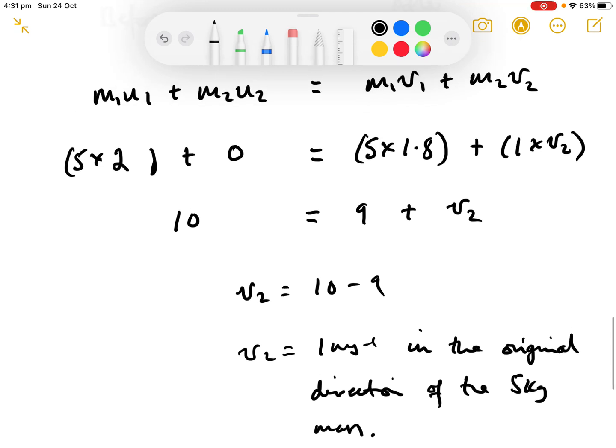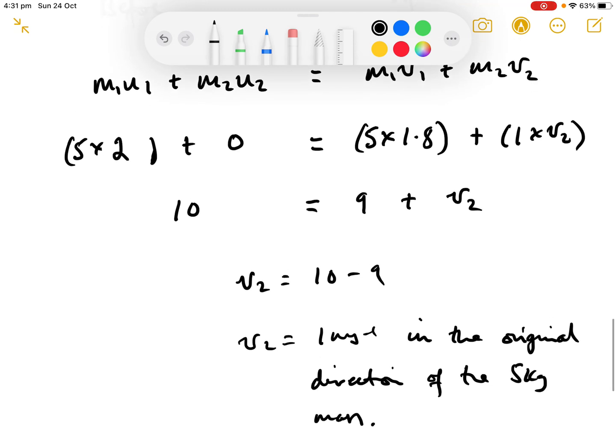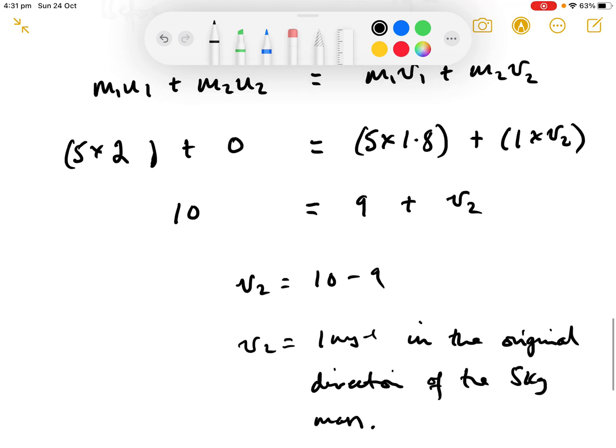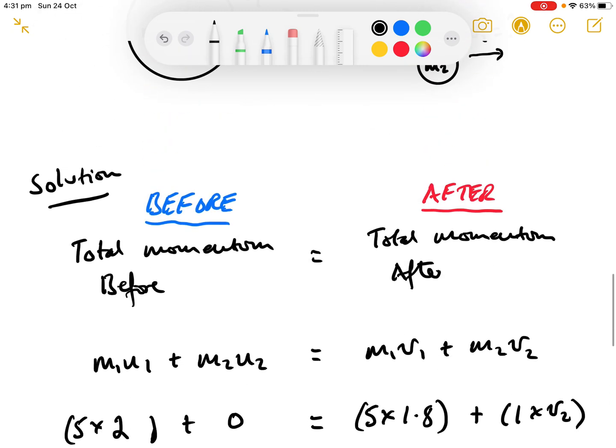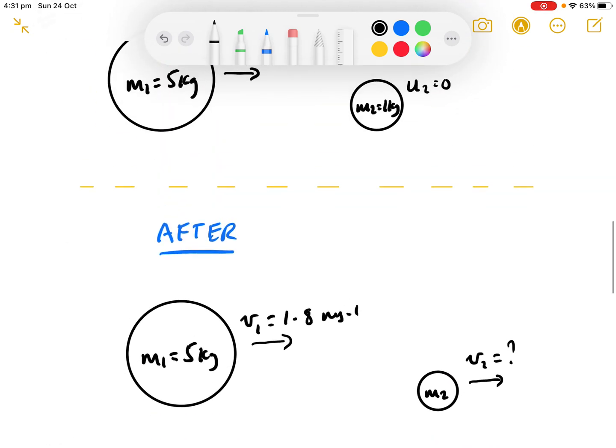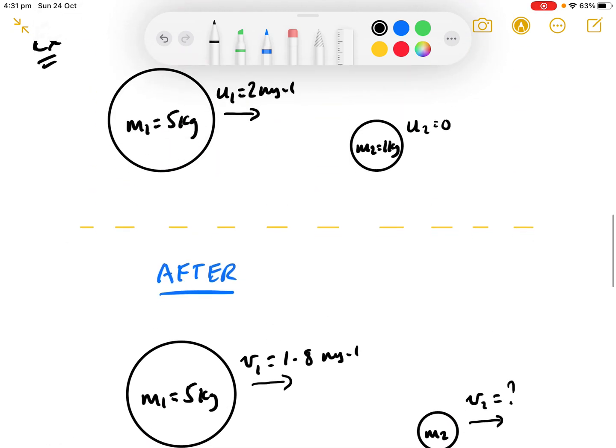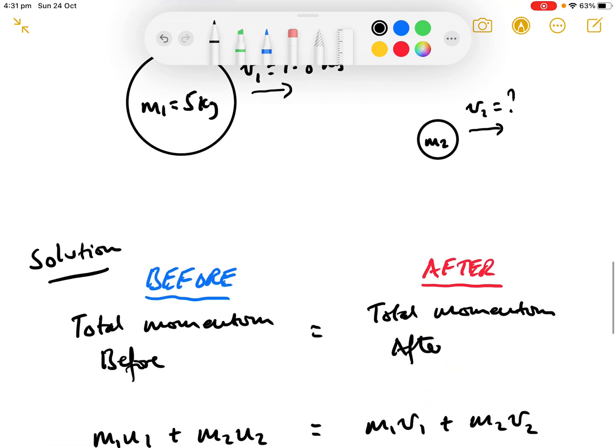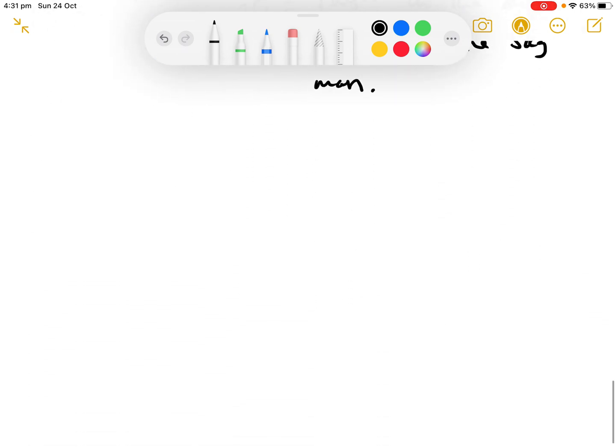And that's a simple conservation of momentum problem. Notice here that the bodies stay separate after the collision, they don't join. It's very important that you check whether they're joined or not.